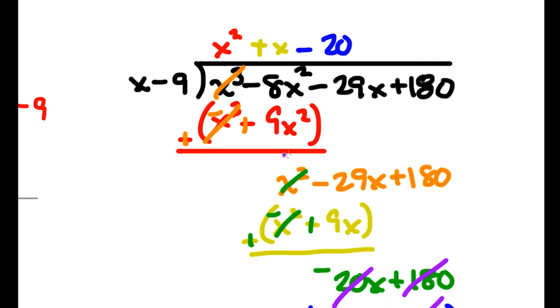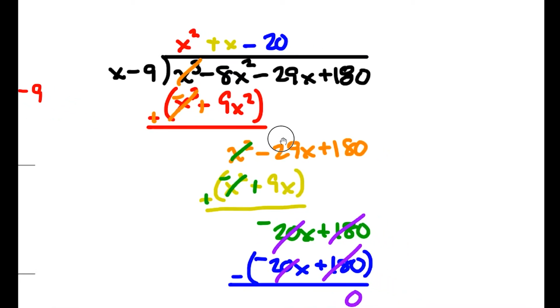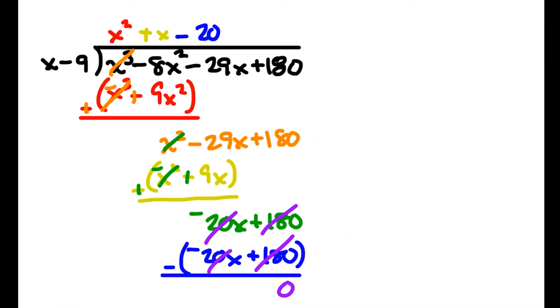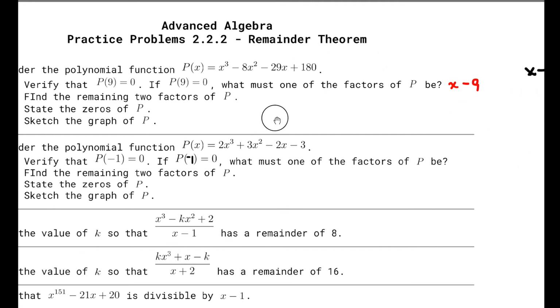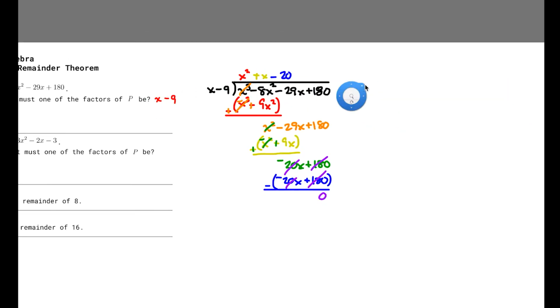So what you can do is either use quadratic formula, or you can just factor that out to figure out what those other two factors are. So that's what I'm going to do next here, because the problem says find the remaining two factors of p.